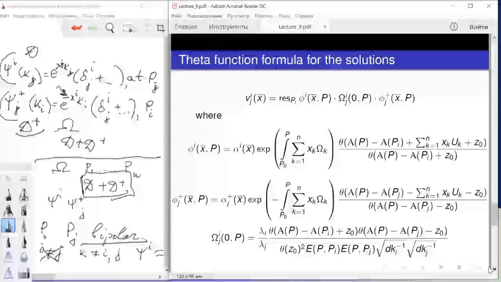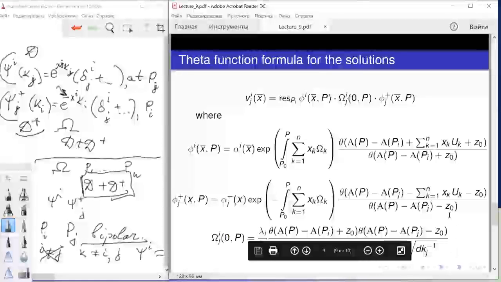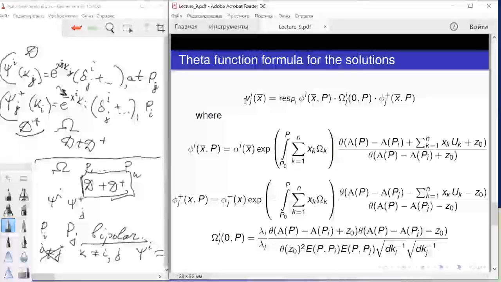As I explained earlier, the solution, which is our goal, is given by the residue of this product.